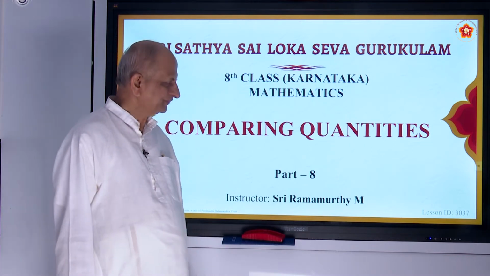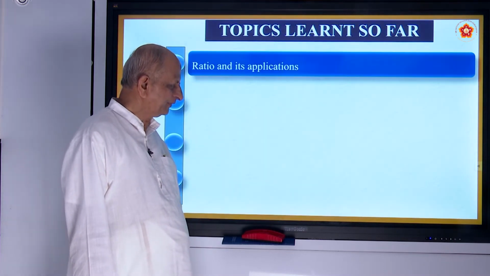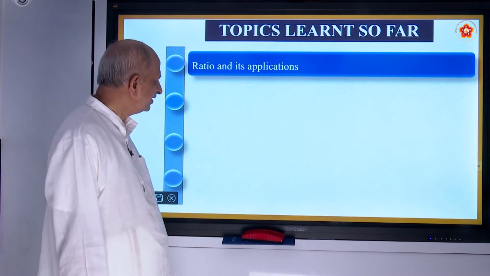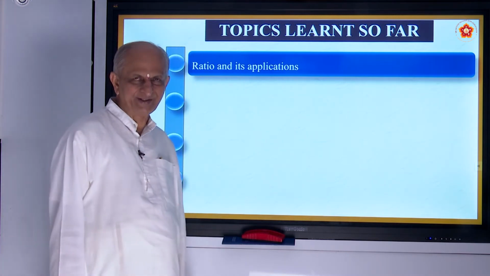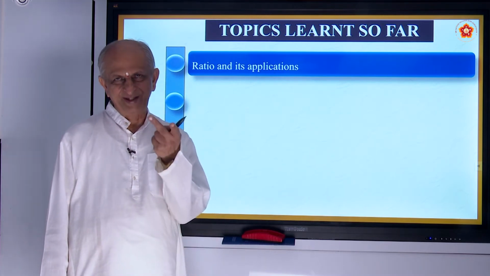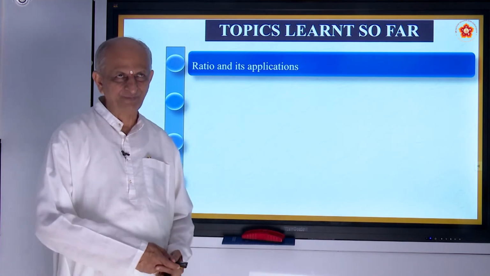Right? Be ready. Now let us see what we have seen in the previous class. Ratio and its applications. What is the ratio? When you compare any two quantities, we write in the form of ratio.